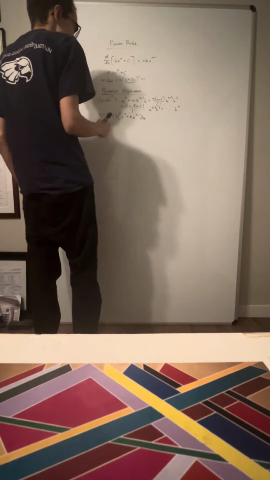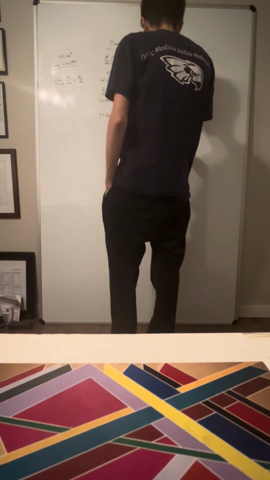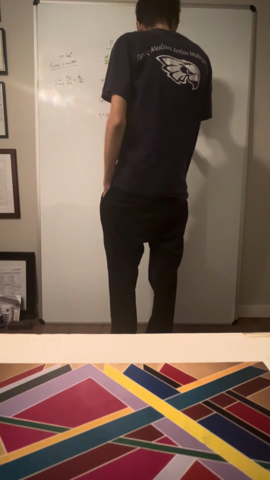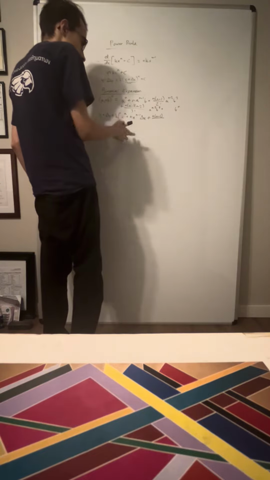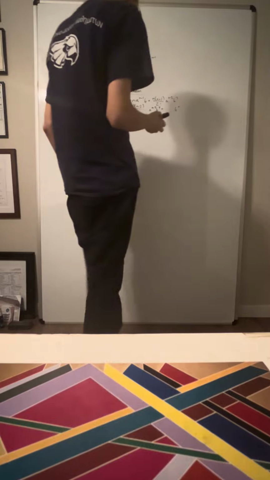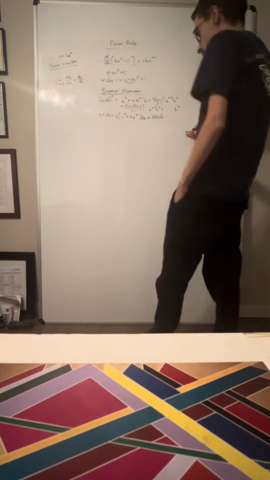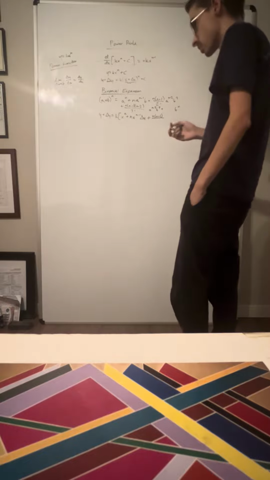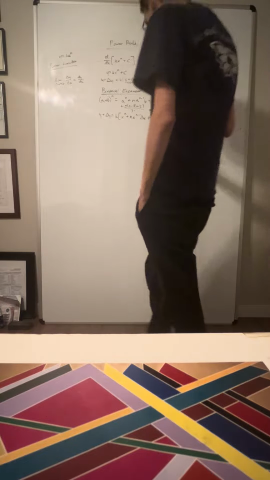Okay, and continuing this, we're going to have n times n minus 1, and you're going to see what's about to happen here, that we don't actually have to multiply the n pieces out because they're eventually going to just go away anyway. It's all going to collapse to 0.